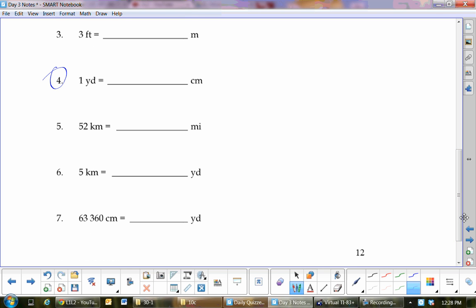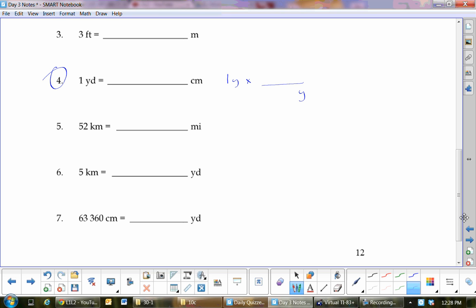Now let's do one that's like 4. Okay, 1 yard to centimeters. So one thing we have to realize is we got 1 yard. I got to multiply it by something. So yard. What is a true statement I could put up top?